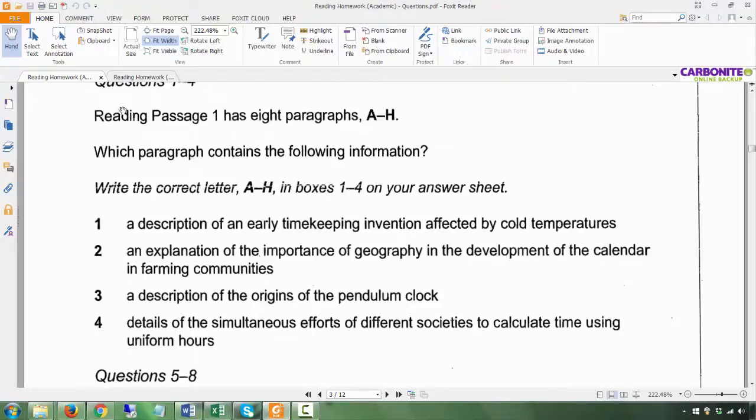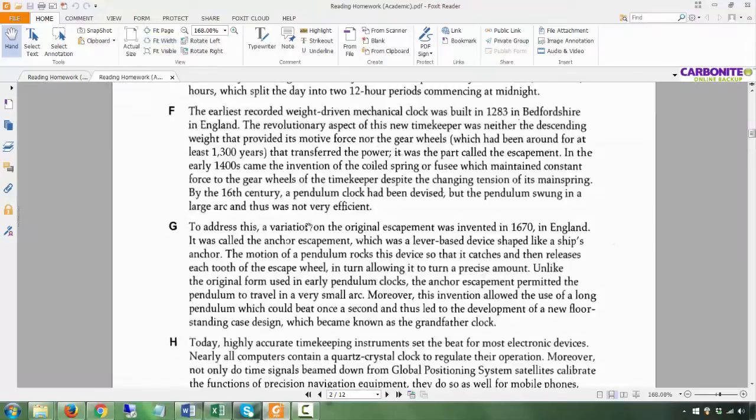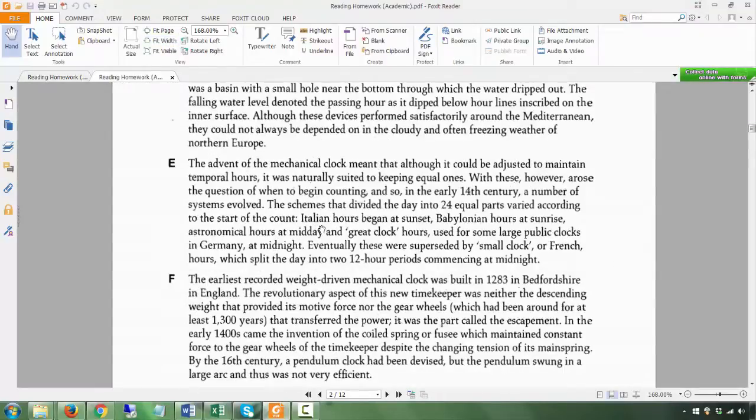All right, and the answer is E. If you read through this whole paragraph, you will see that there were different systems. Let's have a look. A number of systems evolved. The schemes that divided into 24 equal parts.